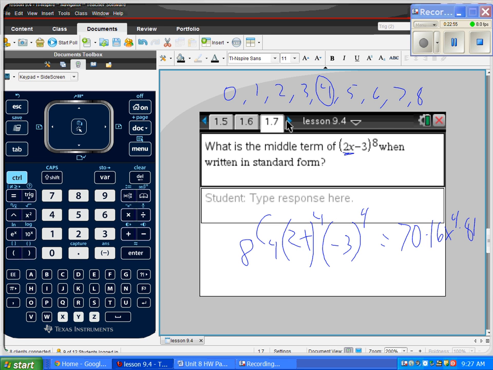Positive 81. Make sure you watch your parentheses. So when you do out your simplification, we're going to multiply these. 70 times 16 times 81 is what? 90,720. x to the 4th is our answer.